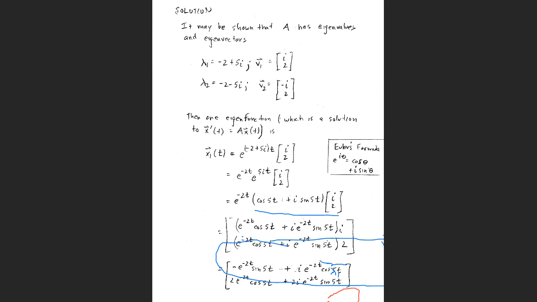And when I do that, I'm going to get this vector here. Let me know if you have any questions so far. Okay, so we're rewriting our eigenfunction. Okay, excellent, Matthew, thank you.